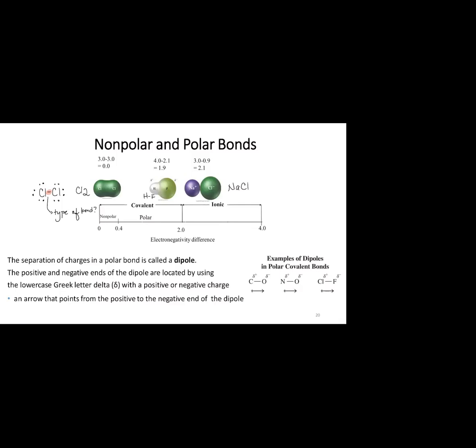And as you can see here, if you have electronegativity differences between 0 and 0.4, that means that is a nonpolar covalent bond.